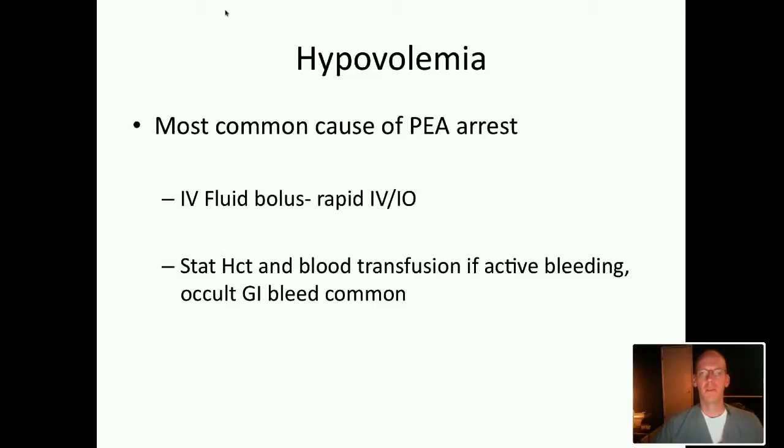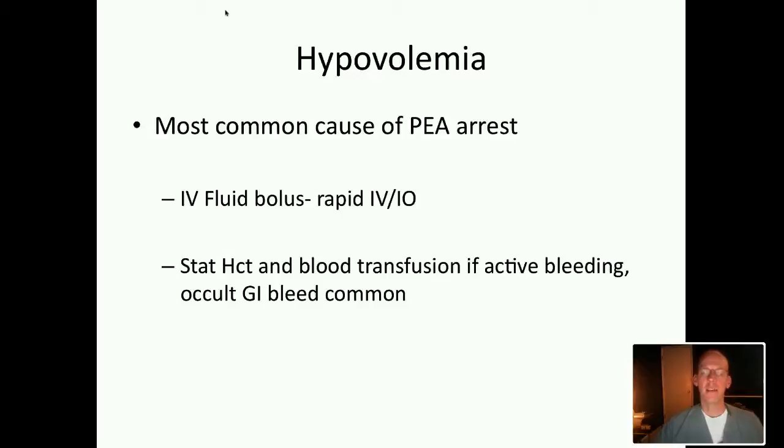If the patient is truly only hypovolemic, you start giving the fluid back, they're going to get a pulse back, especially if you give the epi. You want to send a stat hematocrit to rule out hemorrhagic shock. And if they're really actively bleeding, or if they have a very low hematocrit, you may need to transfuse the patient. You may need to use O negative if the patient doesn't have a type and cross. You want to get that blood in quickly if that's the cause.